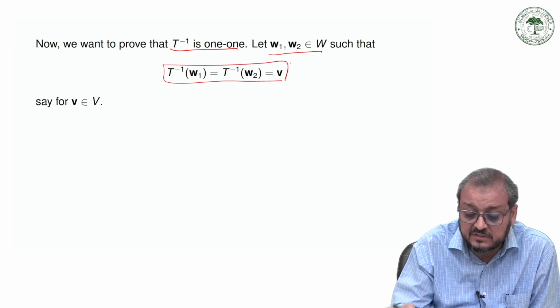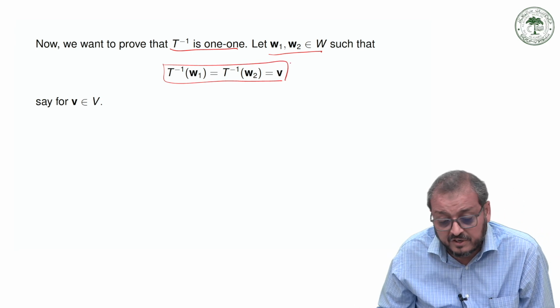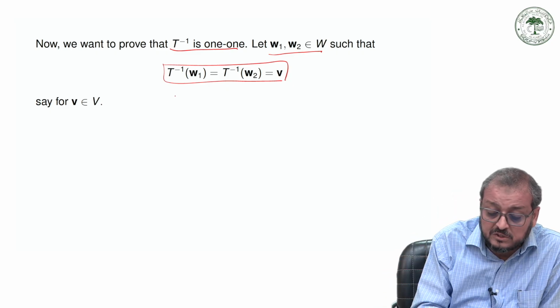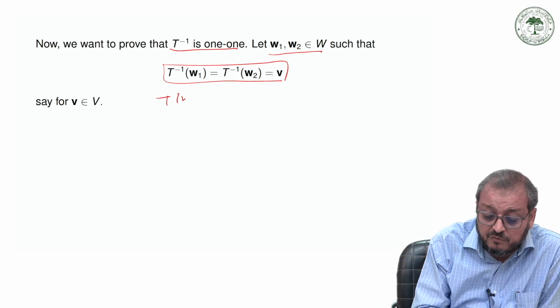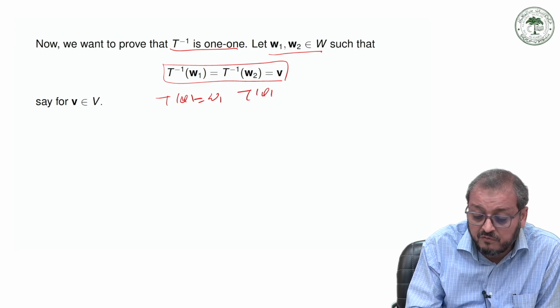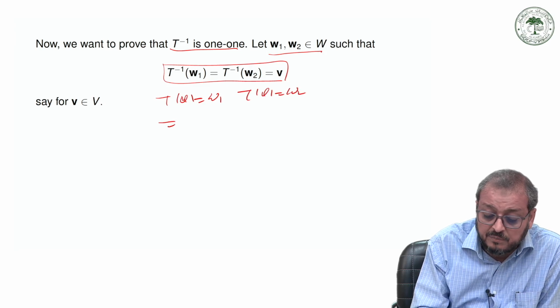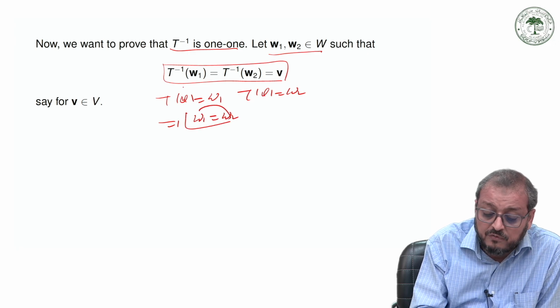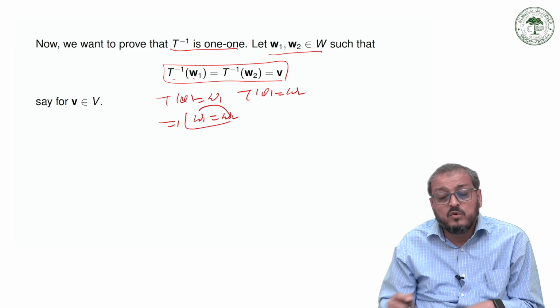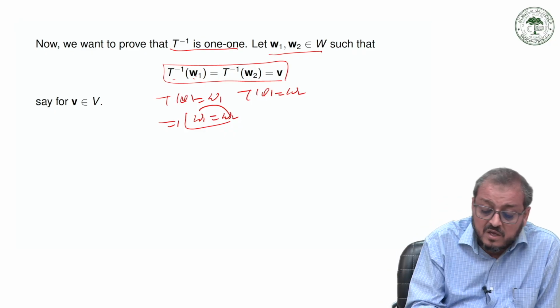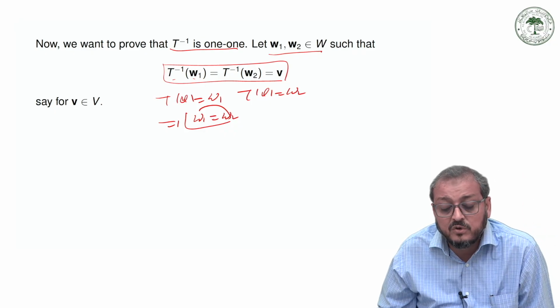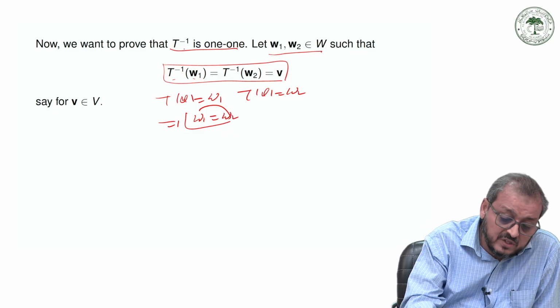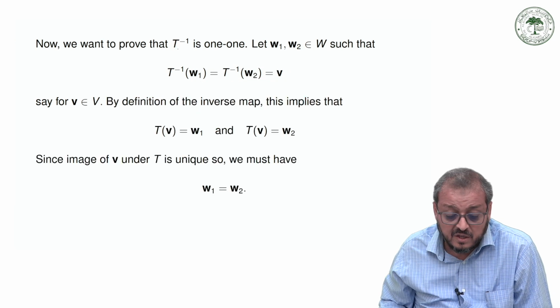We assume that this is equal to some vector v. So this implies that T of v is equal to w1 and T of v is also equal to w2. So we can say that w1 is equal to w2. So if T inverse of w1 equals T inverse of w2, then w1 is also equal to w2. So in this case we can say that T inverse is clearly 1-1.